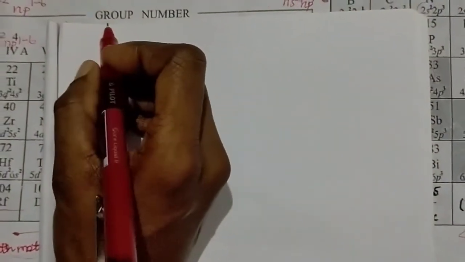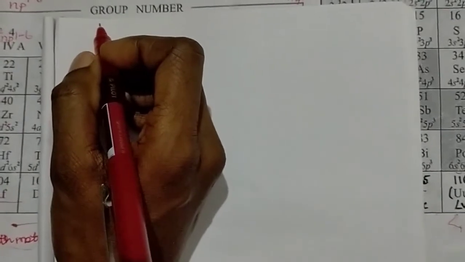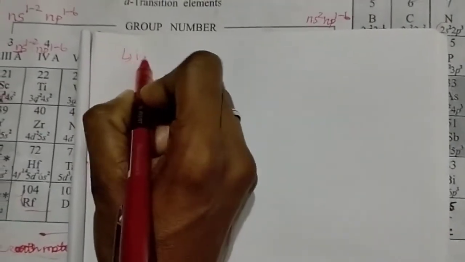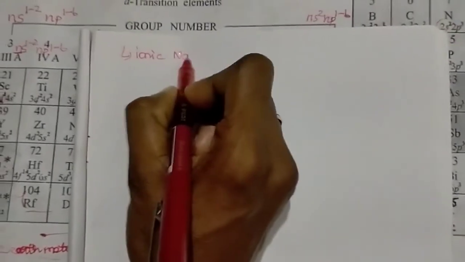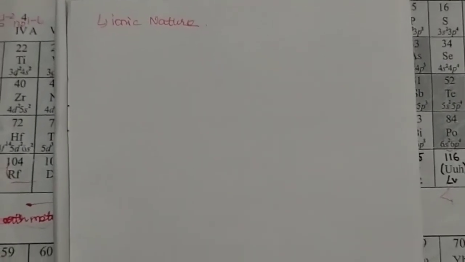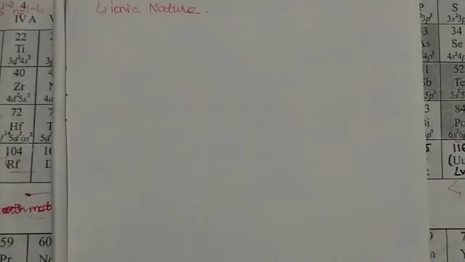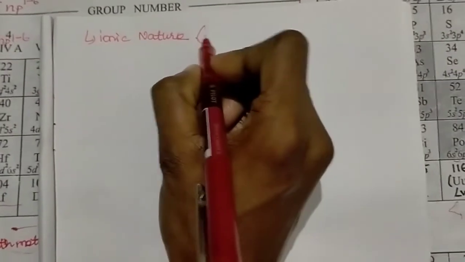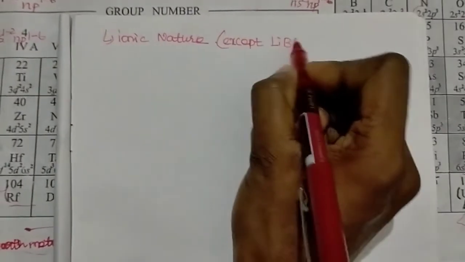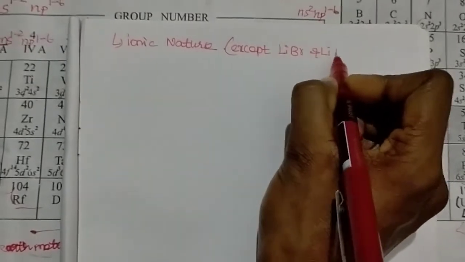The general characters of these alkali halides: generally alkali halides are ionic in nature. But we have some exceptions in this ionic nature, only lithium bromide and lithium iodide.